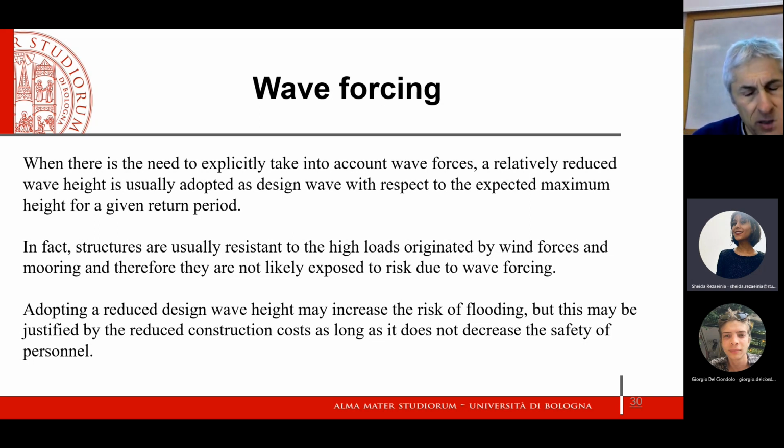I have to go back a little bit once I finish this reasoning. So there is the coefficient CW that is already a safety coefficient, which is significant. And therefore, there is no need really to sum the full wave forcing. It doesn't make a big difference, even if we sum the full of it. But on the other hand, usually guidelines say that there is no reason to assume that they are fully concurrent.